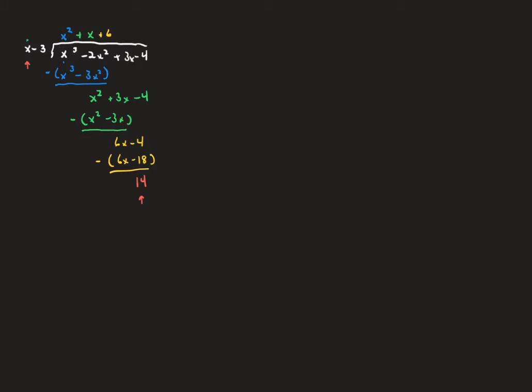Now, the two ways that we can write this are, we can say our original p of x, x cubed minus 2x squared plus 3x minus 4, is equal to our divisor x minus 3 times the quotient x squared plus x plus 6, and then plus the remainder, which is 14.